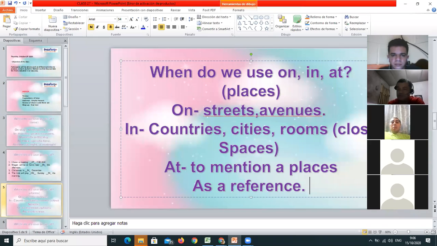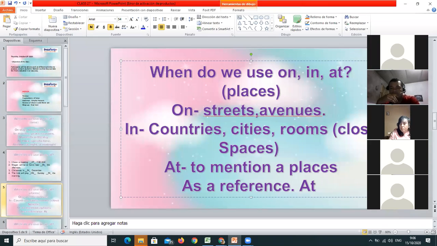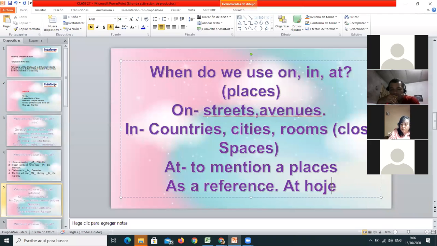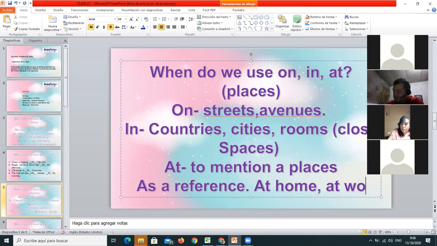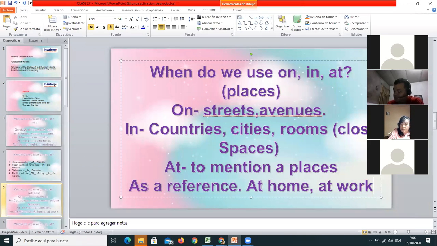There are some specific expressions, like, for example, at home, as I told you, or at work. These are some expressions that are already created in English.